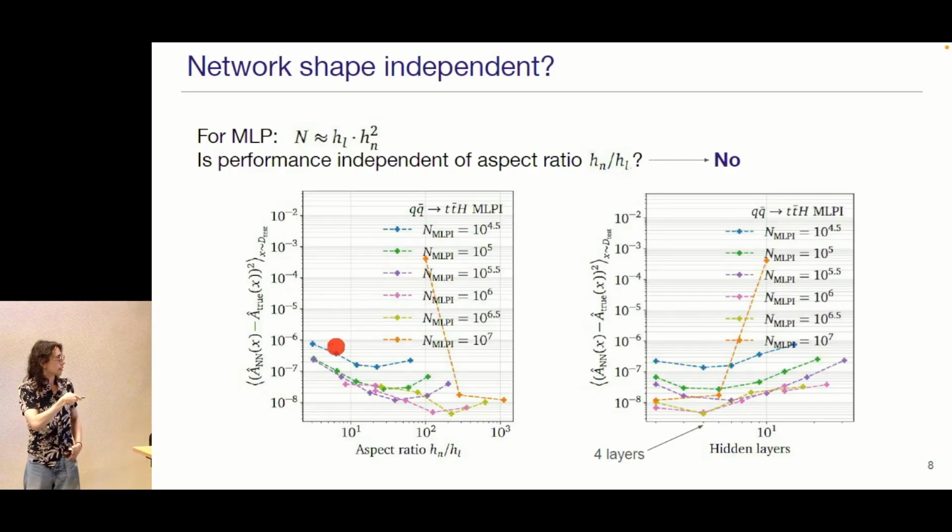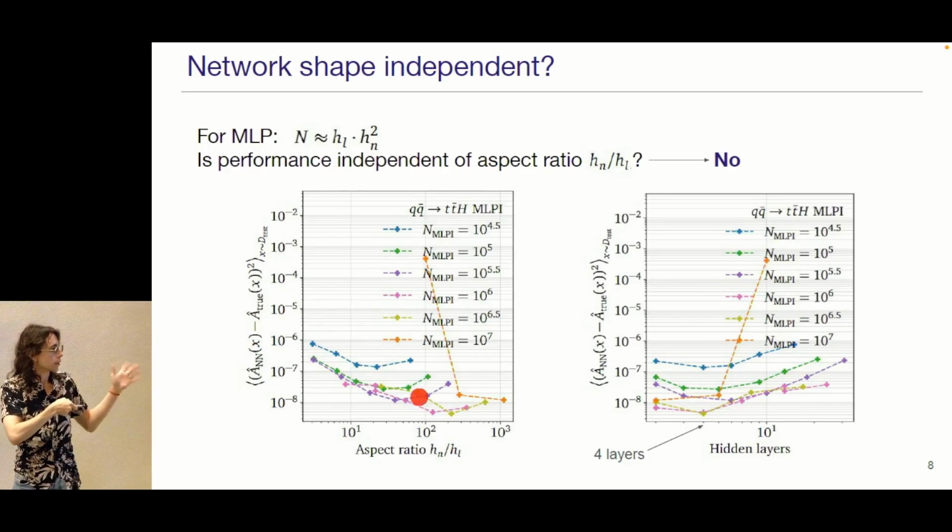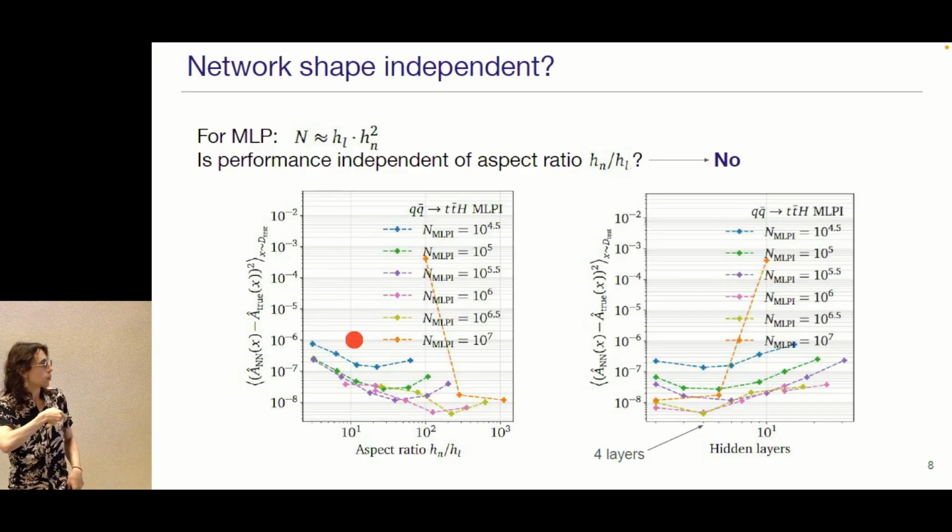Here you can see the best performances as a function of this aspect ratio. The plot has a lot of information, but what's important is that the best and the worst performance for each one of these curves, which represents a fixed number of parameters, are at least an order of magnitude apart. So it's really not comparable.